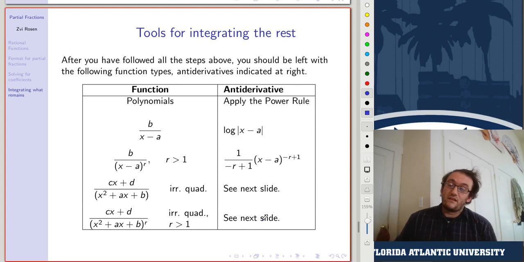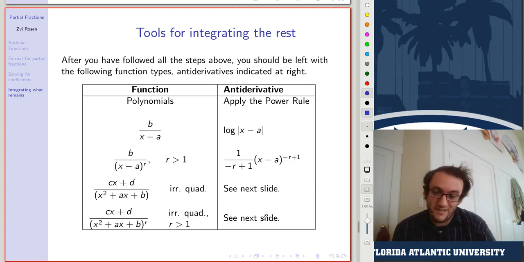If you have terms that are a constant divided by x minus a constant, you're going to get logs as your antiderivative. If you have a constant divided by x minus a to some power greater than 1, then you apply the power rule. And if you have cx plus d over a linear term or power of an irreducible quadratic, then we will see next slide for the strategy.